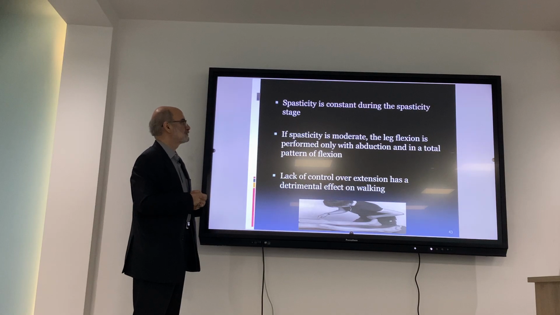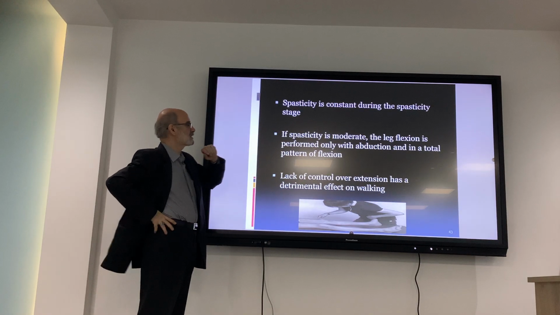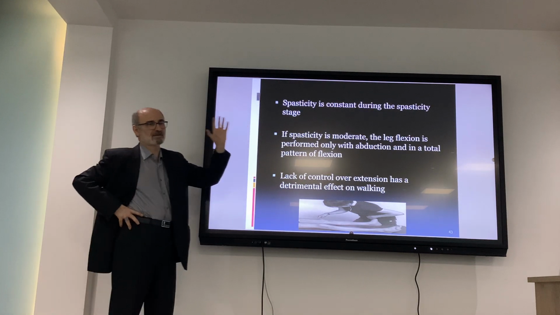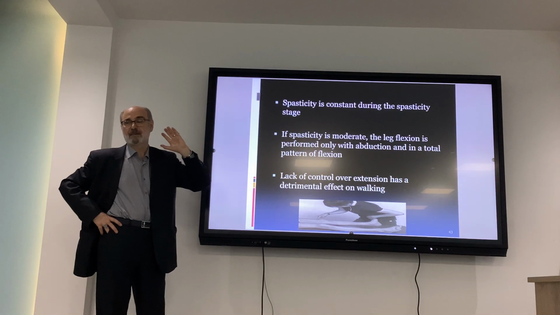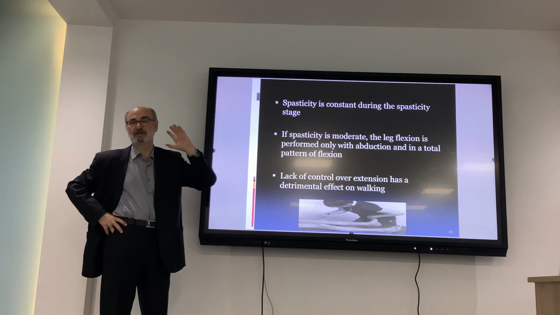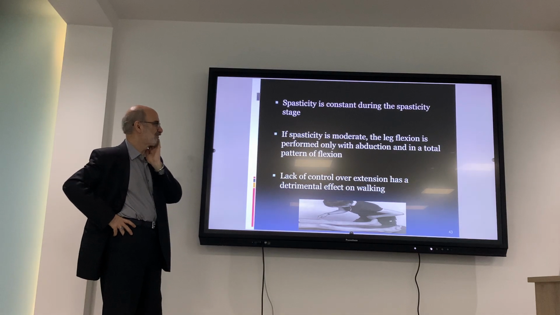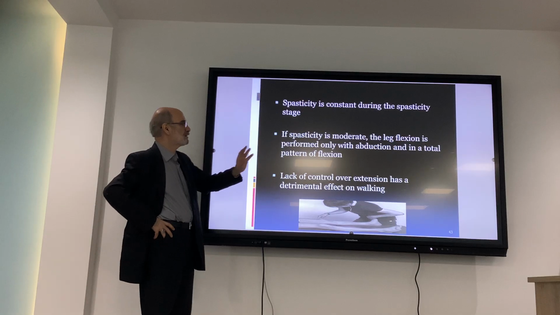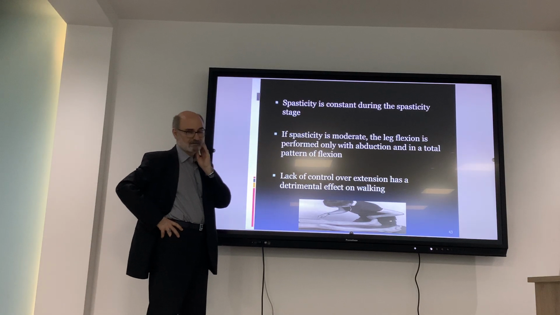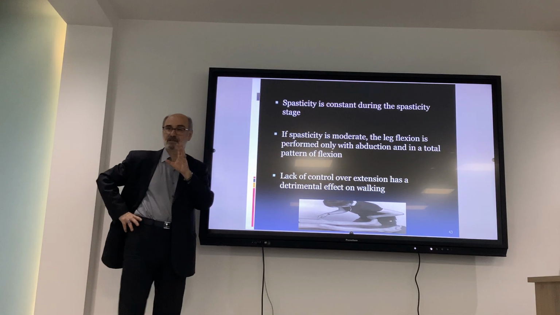All right. During the spasticity stage, one of the major problems and challenges is spasticity of the upper limb and the lower limb. With spasticity, they cannot perform the antagonistic movements.